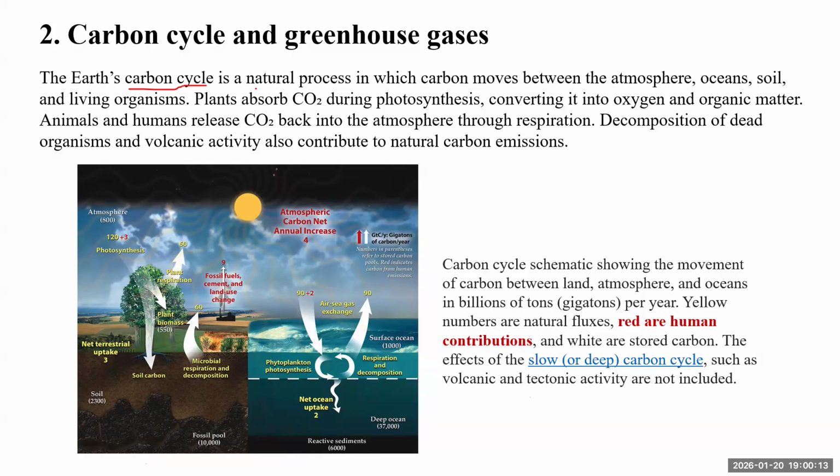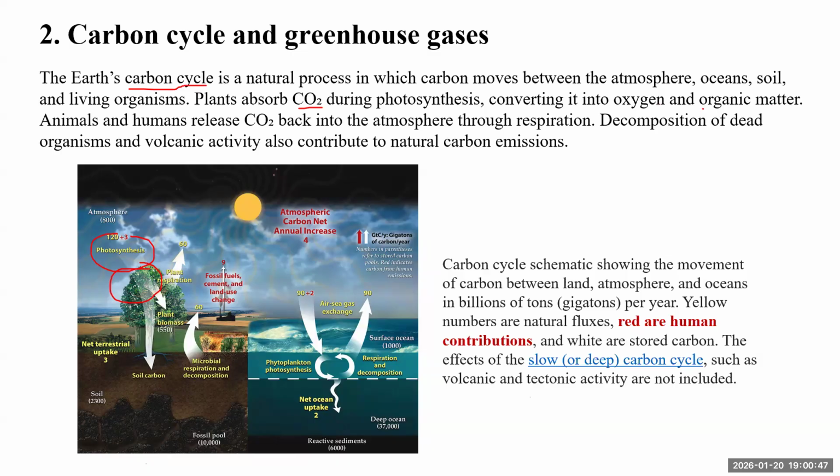The carbon cycle is a natural process in which carbon moves between the atmosphere, oceans, soil, and living organisms. Plants absorb carbon dioxide during photosynthesis, converting it into oxygen and organic matter, which can be used directly to produce sugar.